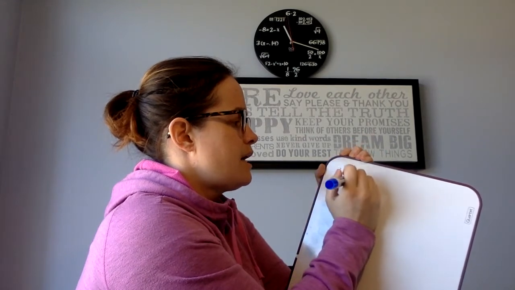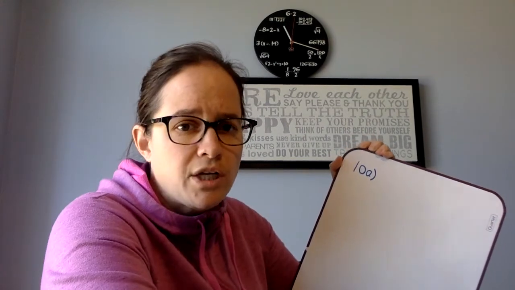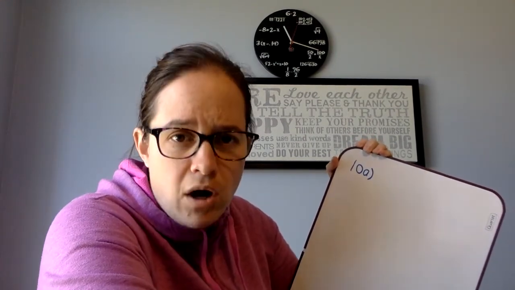Number 10. So number 10 says a hockey team has $700 to buy new jerseys. Icewear, a jersey supplier, charges $50 per jersey. How many new jerseys can the team buy? So 10A is asking you to write an equation that models the number of jerseys that are sold.